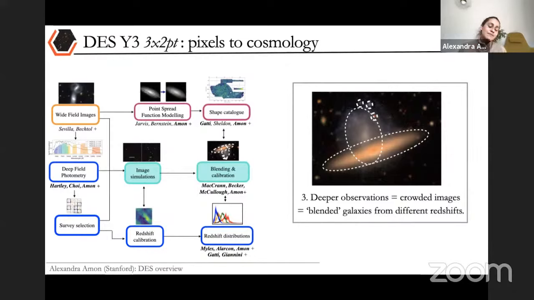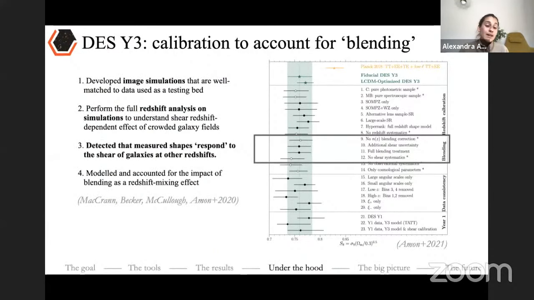For DES Y3, like other analyses, we rely on image simulations to understand this. So we developed an entirely new suite of image simulations, and these are multi-band and multi-epoch, which is new. We tried to model and understand blending in a new way, and account for it all the way to our cosmology parameters.